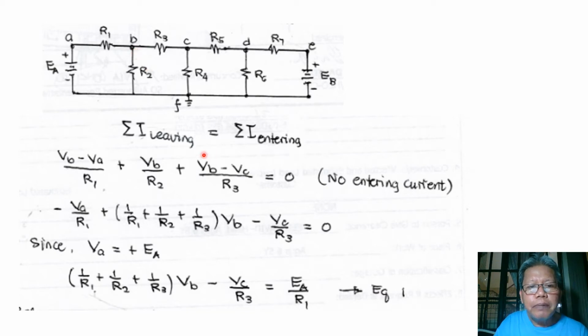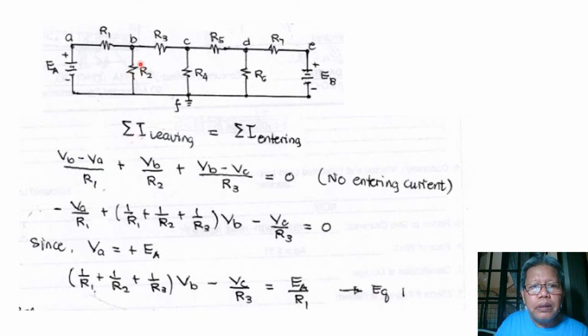So when we apply Kirchhoff's current law, which says that the summation of the currents leaving a node is equal to the summation of currents entering that node. For leaving currents, we have the current through R1, which is the potential at B minus the potential at A divided by R1.